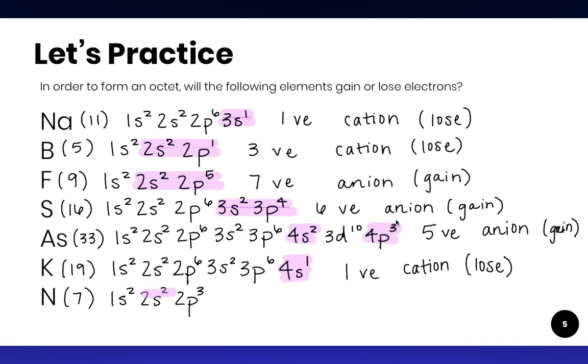This atom has 5 electrons in its highest occupied main level, meaning that it has 5 valence electrons, and it will form an anion.